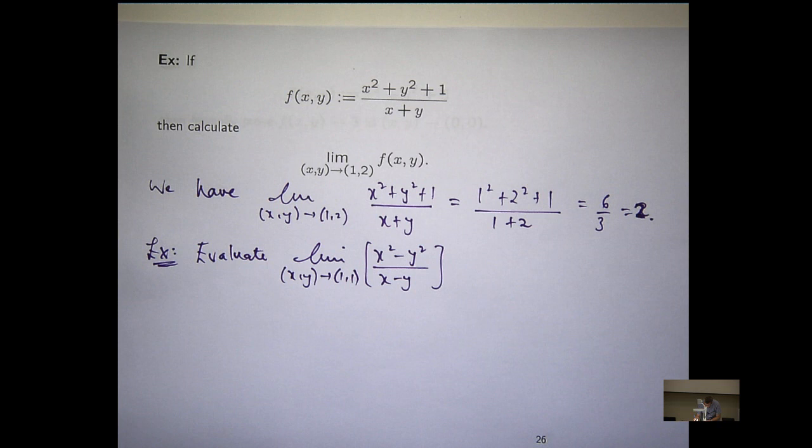Maybe it looks familiar. Any ideas on how we might calculate the limit here? Factorise the numerator, right? If we just plugged in numbers here, we'd get something like 0 over 0, an indeterminate form, so we can't really do much with that unless we dig a little deeper.